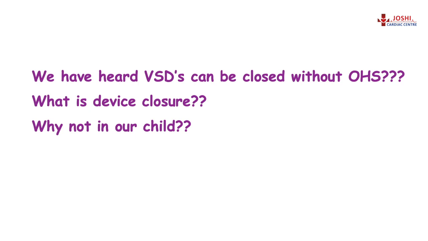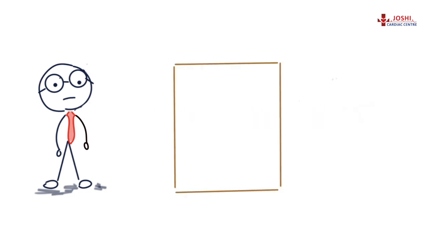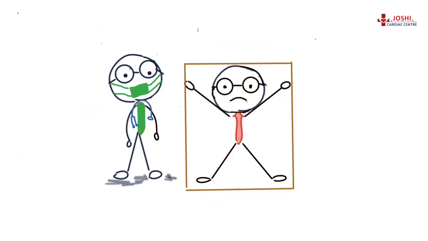Another question which I face a lot is about device closure in VSDs. Most of the parents are interested in device closure as it is a closed procedure without any cutting and stitching involved. So what is device closure? Device closure is performed by a pediatric cardiologist like me in the cath lab. It is a procedure where we close the VSD by accessing the heart through one of the blood vessels in the baby's groin.